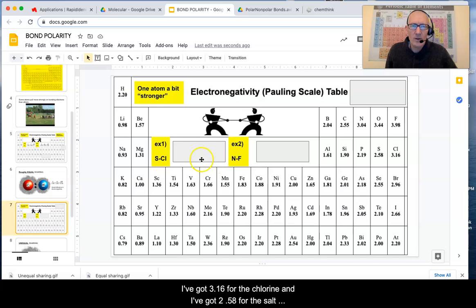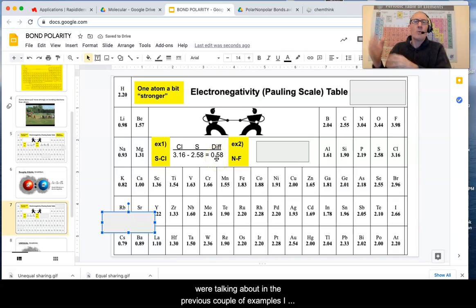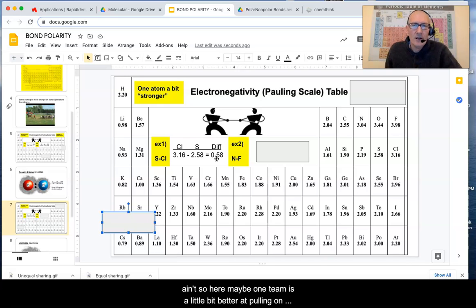I've got 3.16 for the chlorine and 2.58 for the sulfur, and that's a difference of 0.58. A little bit larger than the previous couple of examples. So here, maybe one team is a little bit better at pulling on the rope than the other. In this case, the chlorine is going to attract the bonded electrons a little bit more tightly to itself.